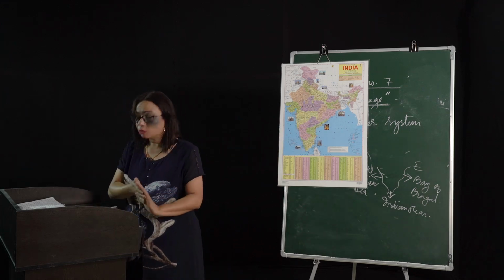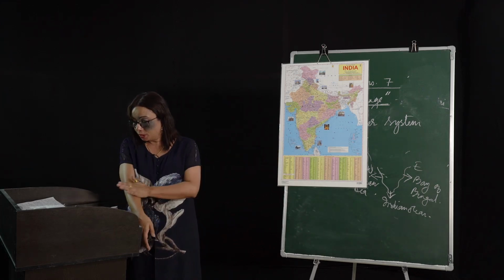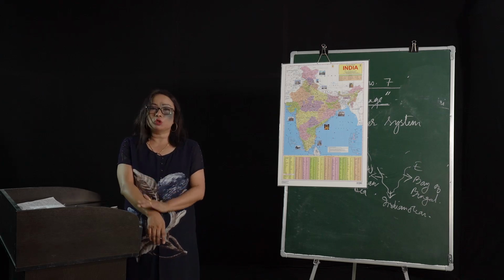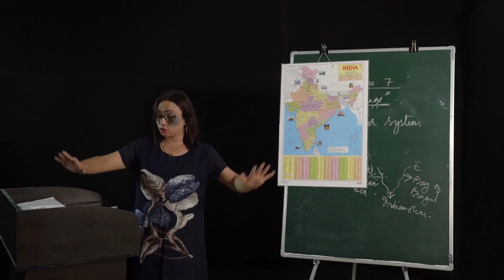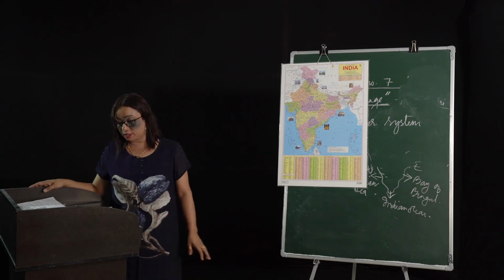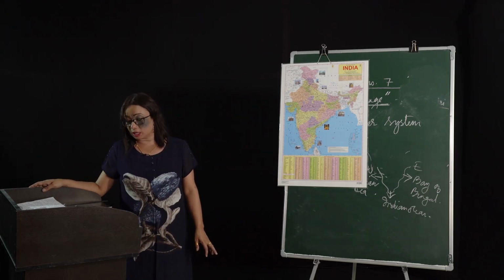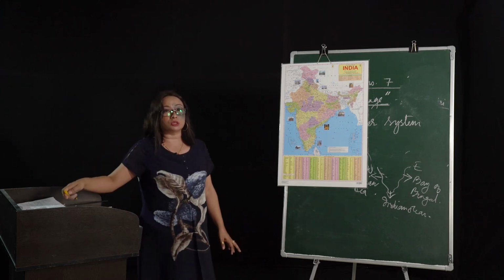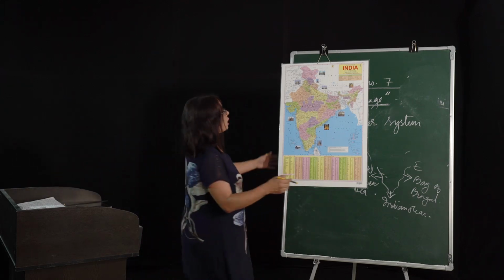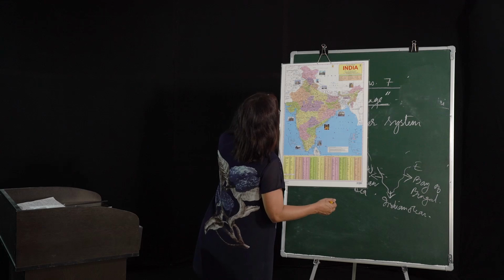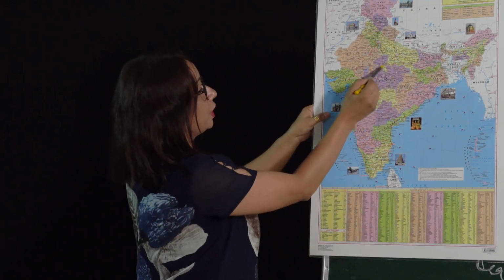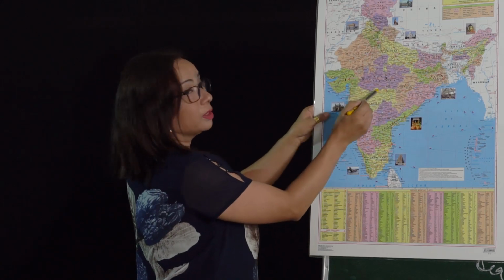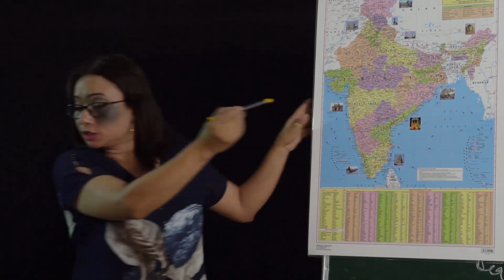Now, the Narmada Basin, okay. Basin, I have told you, is a bowl shaped area of land where the river flows and deposition happens. So, the Narmada Basin has its source in Amarkantak in Madhya Pradesh. You will find the Narmada Basin in Madhya Pradesh here, okay, you can see on your map.